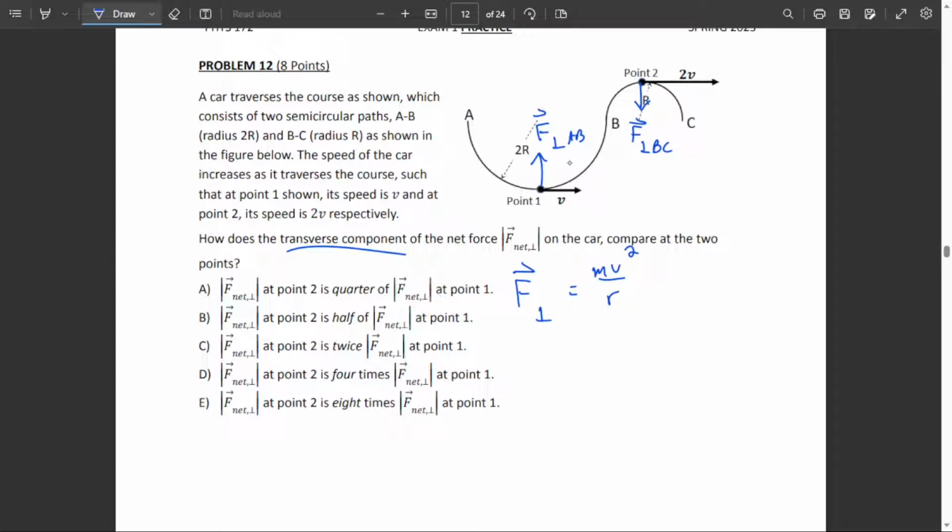And this is the formula we're going to use in order to compare the two transverse components at these 2 points in time.